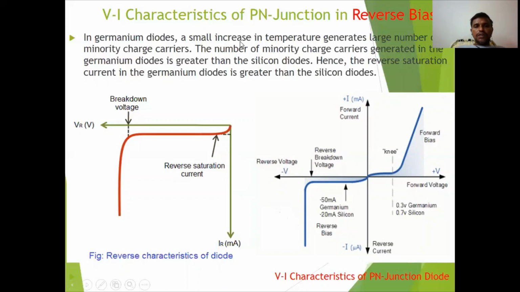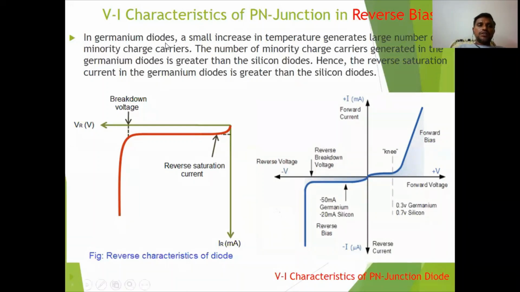In a germanium diode, a small increase in temperature generates a large number of minority charge carriers. I already told this one. As the temperature increases, the valence electrons, which are lightly bound by the attractive forces of the nucleus, gain some energy for a small change in temperature, come out of the valence shell and become free.